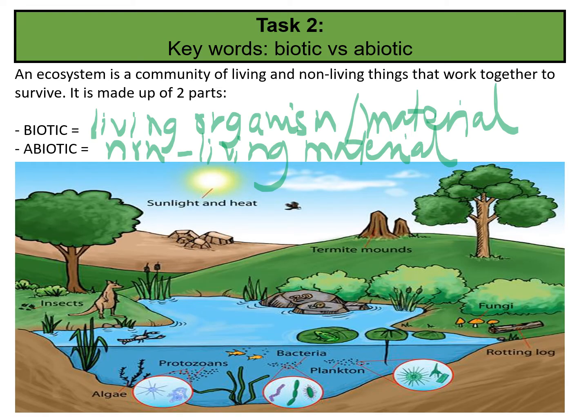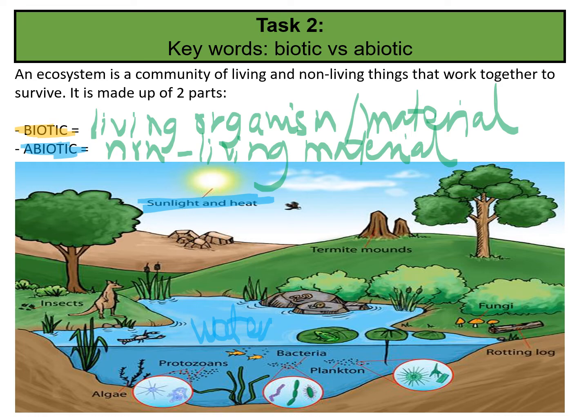So I'm going to shade in my biotic as orange and my abiotic as blue. So abiotic examples are non-living. So things such as sunlight and heat would be examples of non-living. The water in itself is non-living, so you might just want to write water or fresh water.